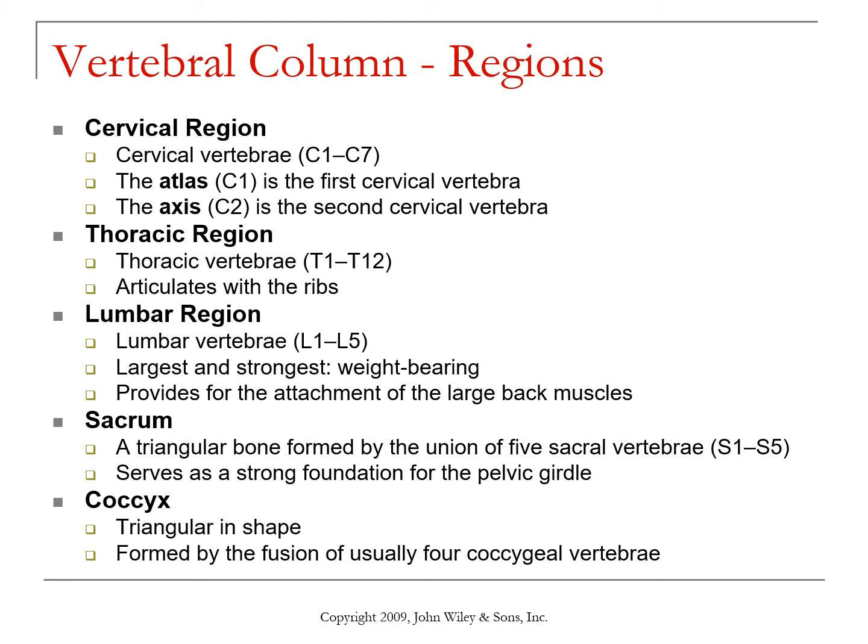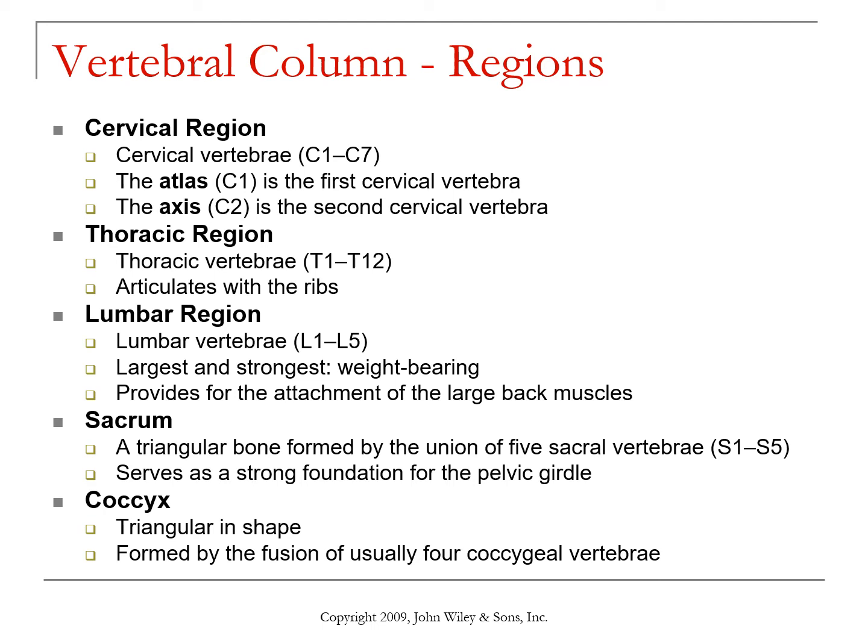You can also rotate on it to say no, or tilt the head side to side, move the head around. So the occipital atlas joint, formed by the occipital condyles of the skull and the atlas, is a very free-moving joint, while the axis joint is only a rotational or pivot joint.